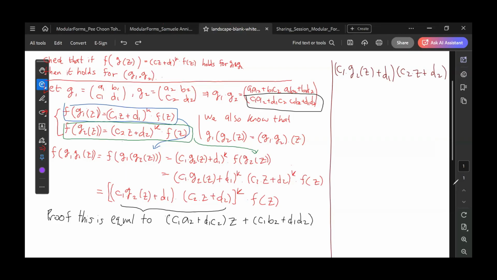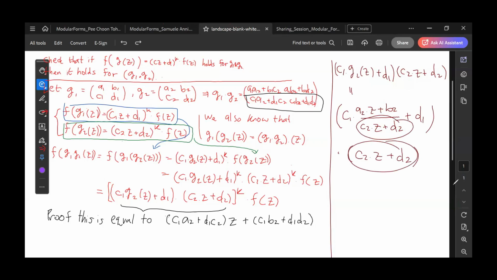This should be equal to E1, and G2Z is A2Z plus E2, plus E2Z plus E2 plus E1 times. As we can see, this and this are actually the same, so we can multiply them.